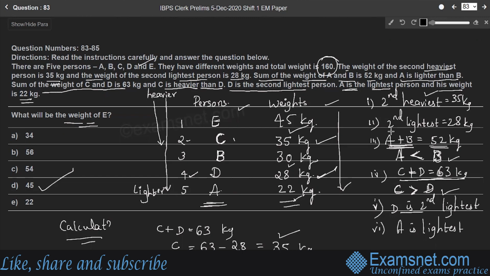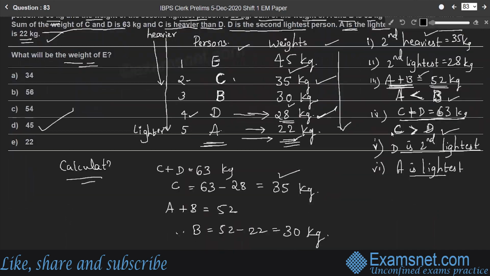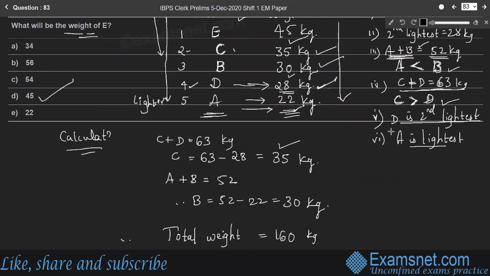And the fifth point is D is the second lightest. So second lightest person's weight is given. So D's weight is 28 kg and A is lightest, whose weight is also given, 22 kgs. So based on the value of A, we calculate value of B. Their sum is given. So we'll substitute the values and we'll find the value of B. B's weight is 30 kg. And since the weights are written according to the decreasing order, position of B will be the third position.